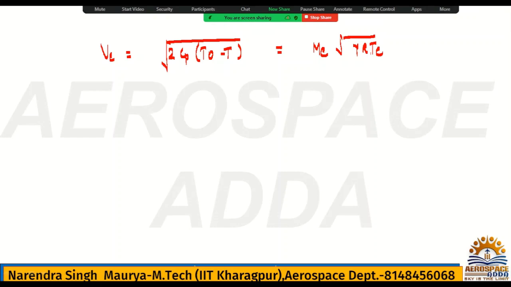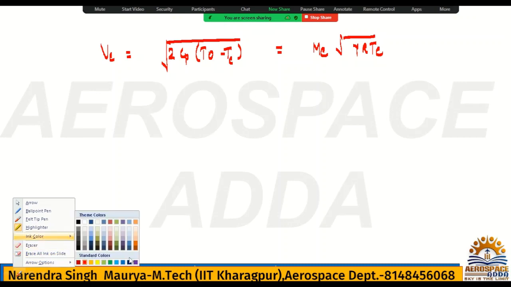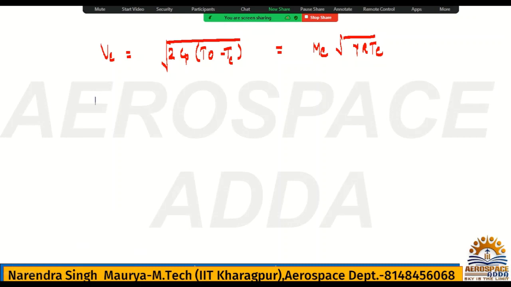How to use this formula? Very simple. T naught minus T. One formula you have: T naught by TE, because the flow is isentropic, so you can use the isentropic relation.